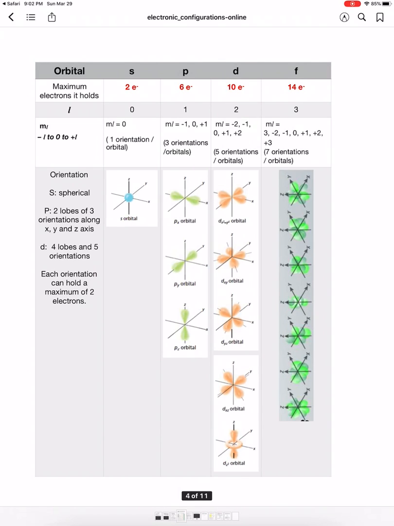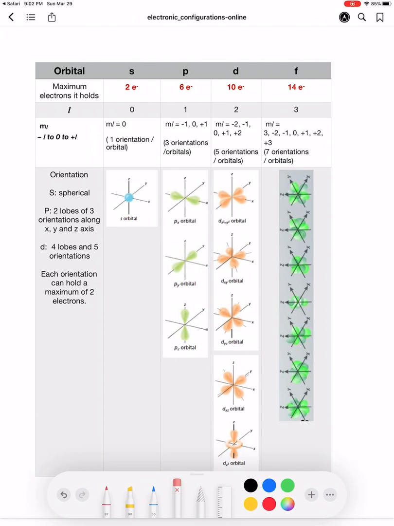Okay, now this table is a kind of summary. You need to understand exactly what I put in this table. It's just a summary of what I explained before. So the new thing here is the shape: you need to know that the s orbital is spherical. The p orbital has 3 orientations: px, py, pz, and they are 2-lobed.